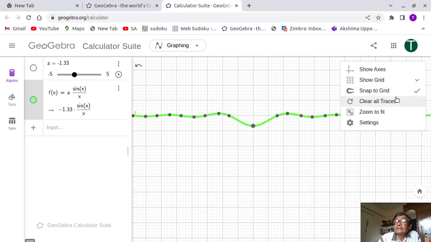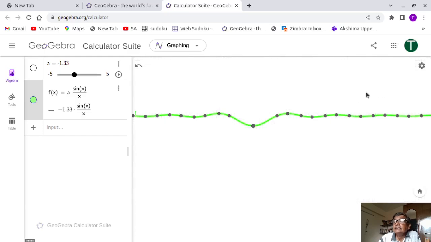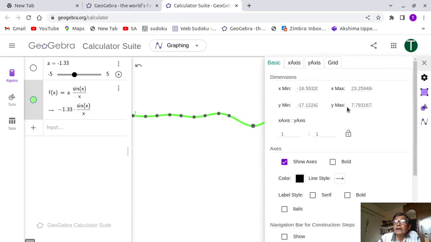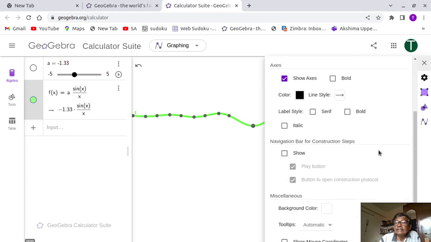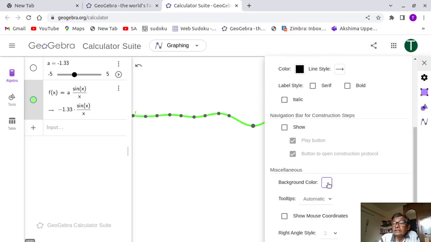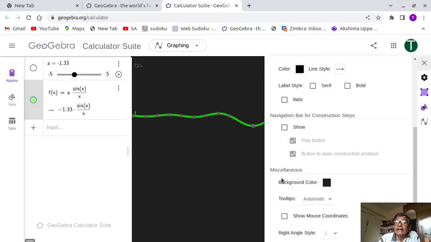Then show grid you remove, no grid, so it will be like this, and then you select the background color a bit darker, and that you do by going to basics, and then there is the background color, select it darker a bit, and then OK.